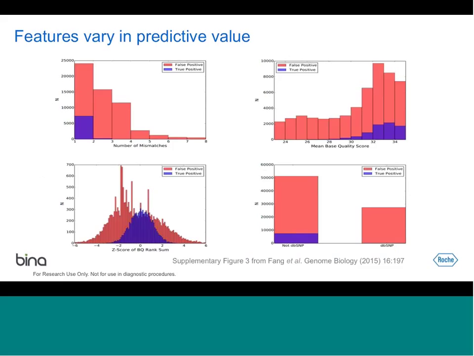If you have a perfect read that is all reference calls, you will have a mismatch of 0. If you have a perfect variant read, you're going to have a mismatch of 1, and that mismatch is the variant call. All other sites are reference. If you have more than 1 mismatch, then the read is likely misaligned somehow. So for a mismatch of 1, you can see that the false positive to true positive ratio is about 3 to 1. You still have more false positives, but you have a lot of true positives.